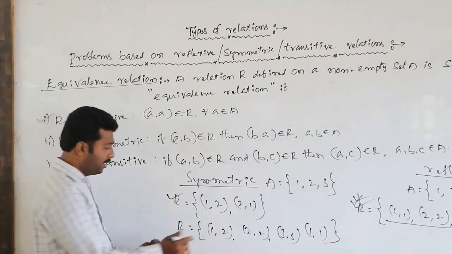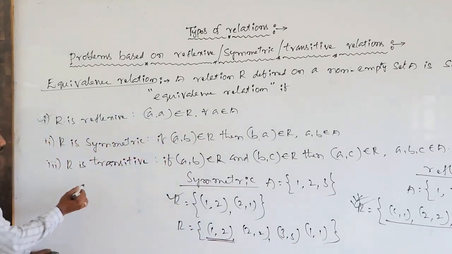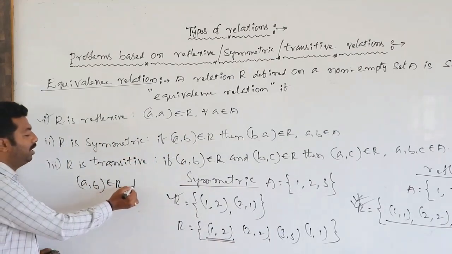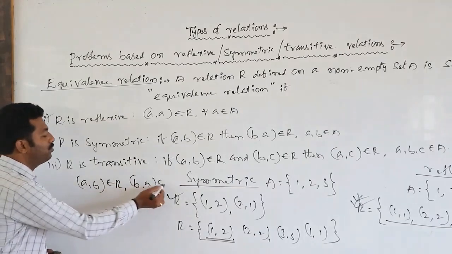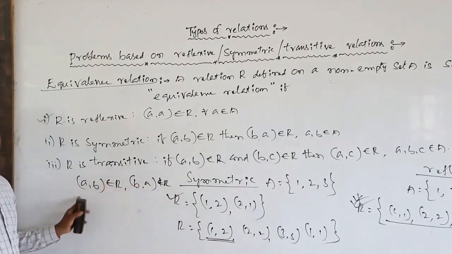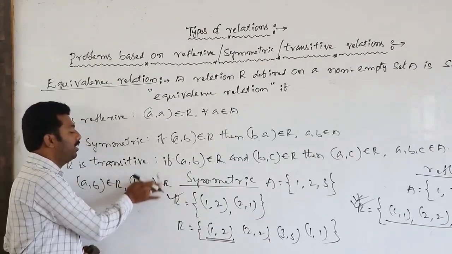No, because if you take any one pair (a, b) belongs to capital R, compulsory (b, a) should be there. If it is not there, that is not a symmetric relation. If it is there, that is a symmetric relation.